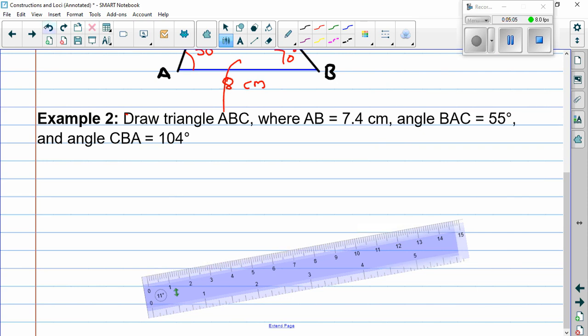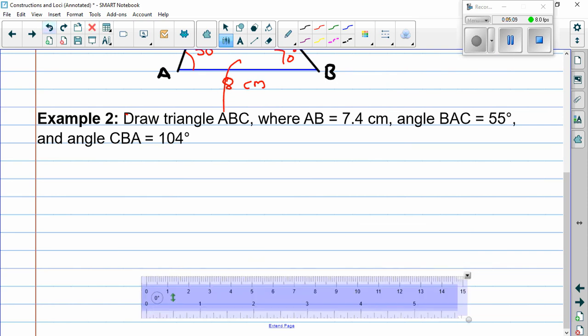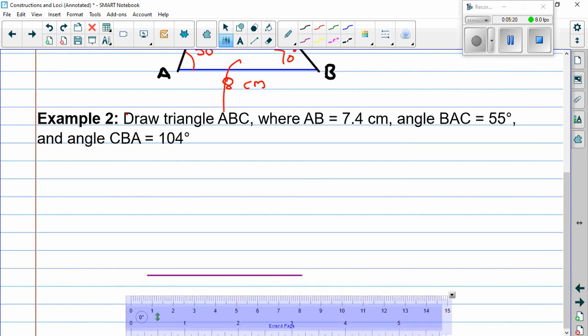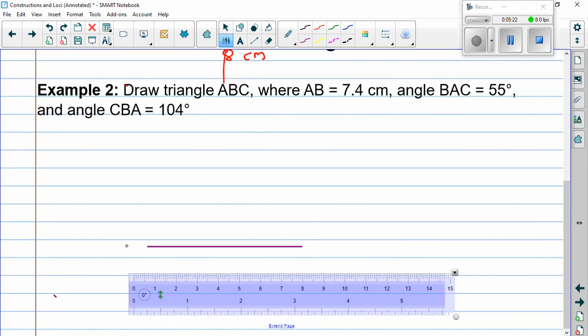Too far. So remember, 7.4 is just one tick before the 0.5. So we've drawn our line, and we can label A and B.